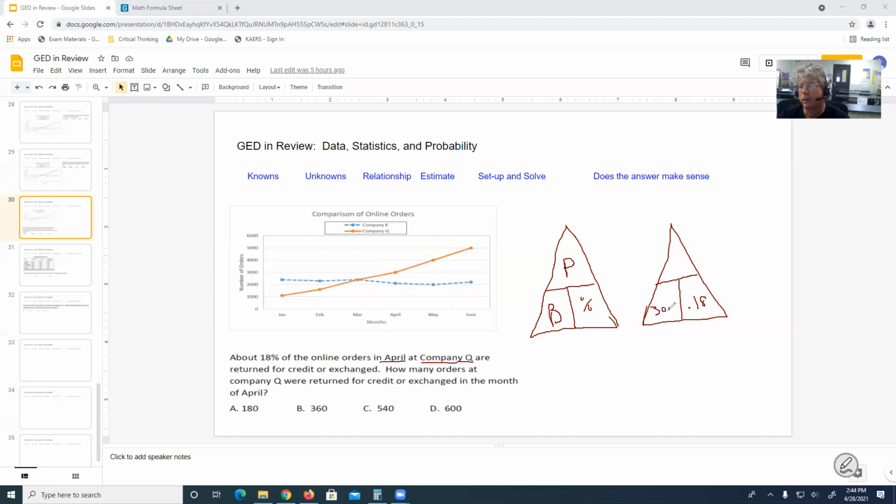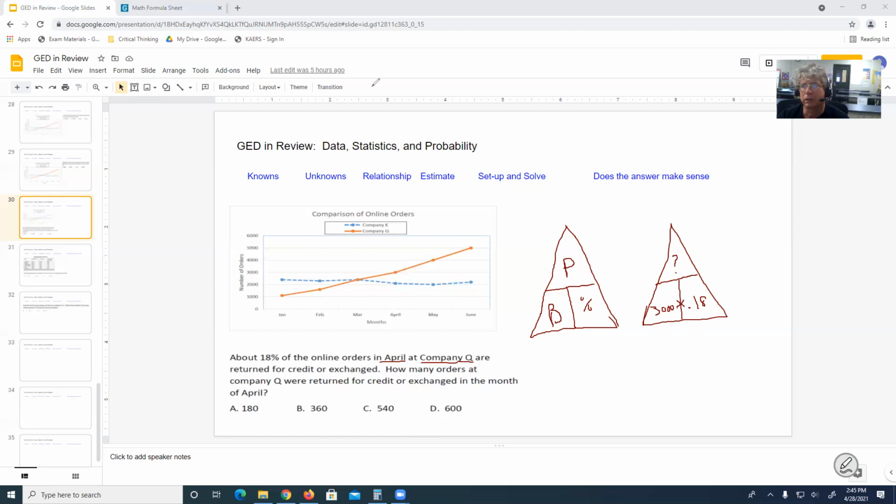And then what we're picking up on again is this 18% is about returned. And that's what the question's asking: how many orders at company Q were returned for credit or exchanged? So that's what the 18% was all about. So the part that we're looking for is here. Since we have the base amount and the percent, remember those are side by side, which relates to multiplication.